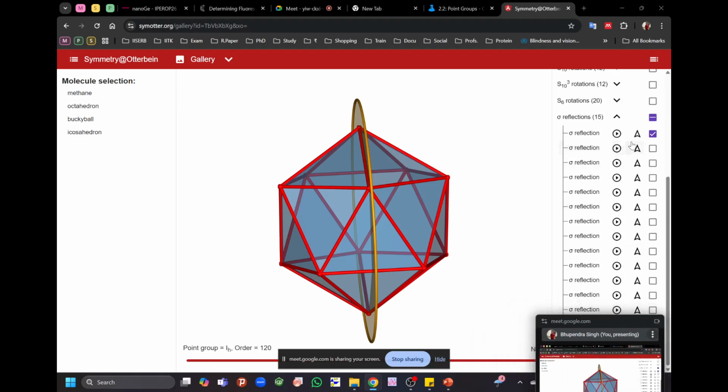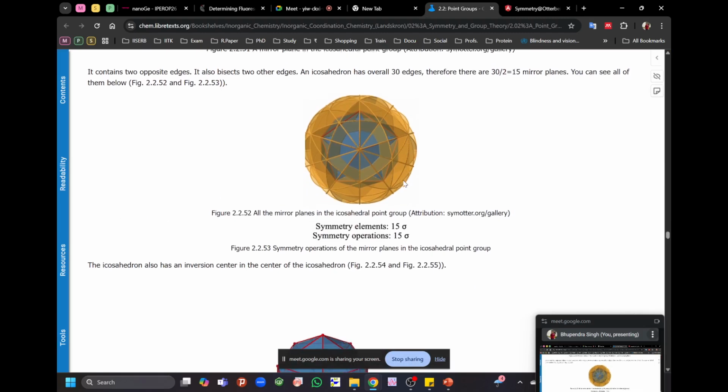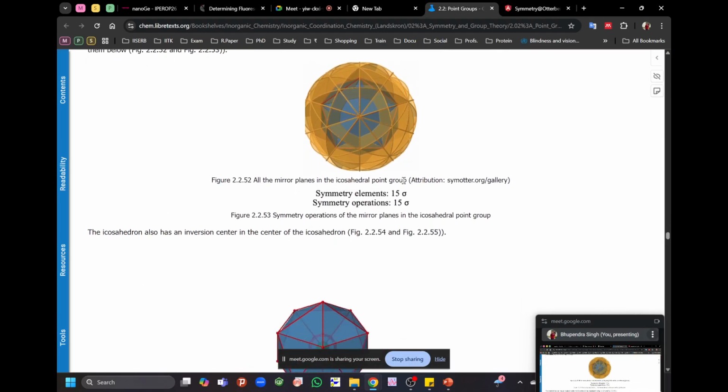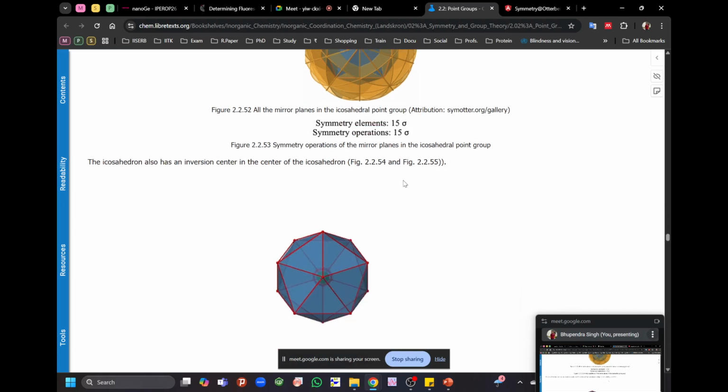Okay, nice. See, this is the one plane. This is how it reflects from one side to the other. See? Okay. So total 15 sigma, 15 planes are present here.